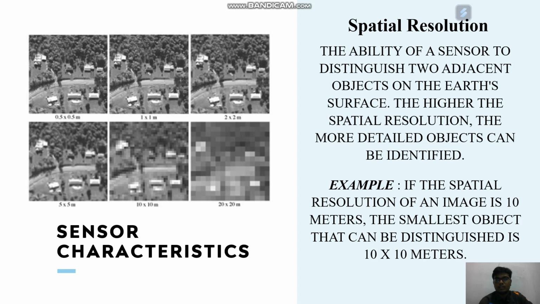Example: if the spatial resolution of an image is 10 meters, the smallest object that can be distinguished is 10 times 10 meters.